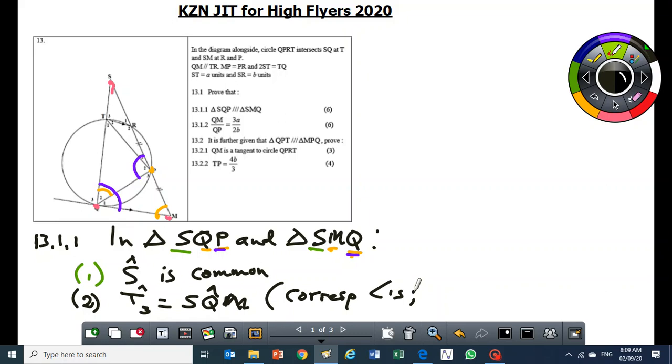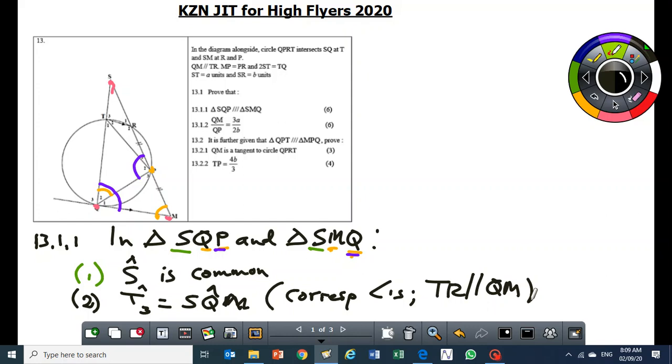So, TR is parallel to QM. That's the first part. Remember, the objective is to prove that this angle is equal to that one. But I can't do it directly. I have to go via a third angle, which is common to those two.